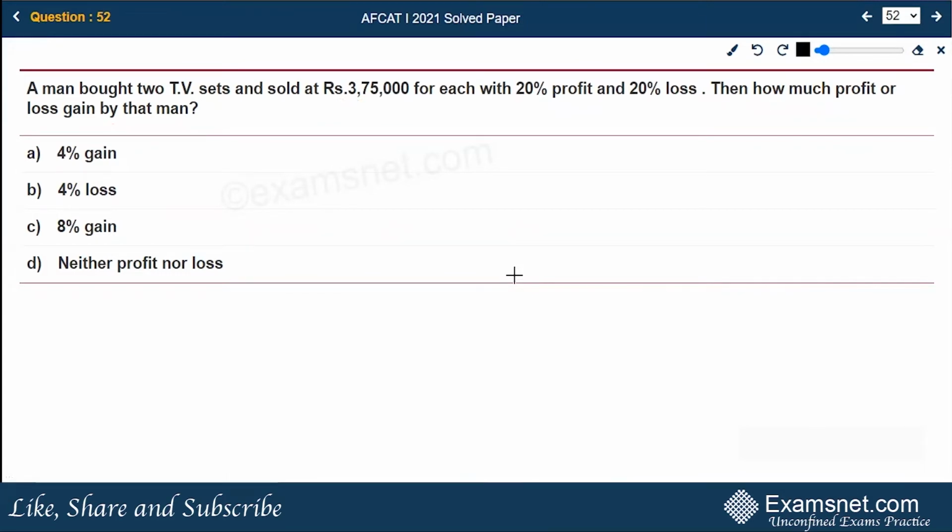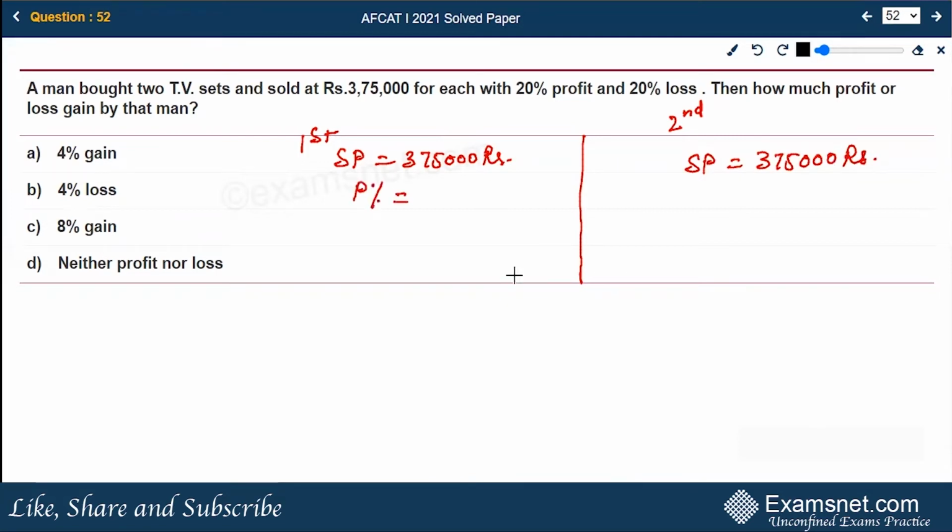So let's see over here, 2 TV sets. Let's see for the first TV set, and let's say it for the second TV set. For the first TV set, the selling price is 3,75,000 rupees. And for the second one as well, it is 3,75,000 rupees. But the first is sold at a profit of 20% and the second is sold at a loss of 20%.